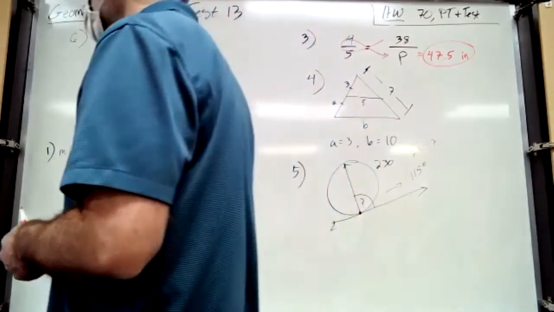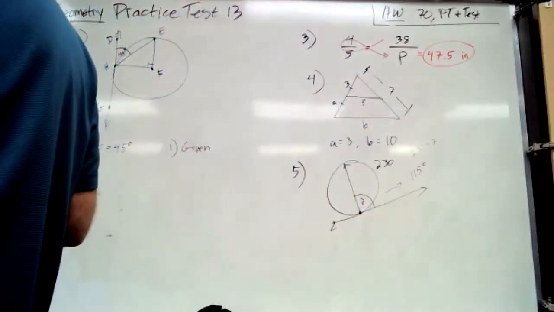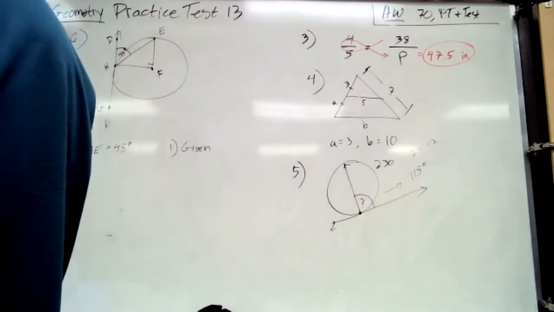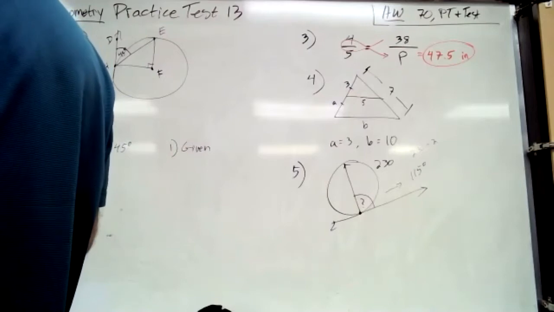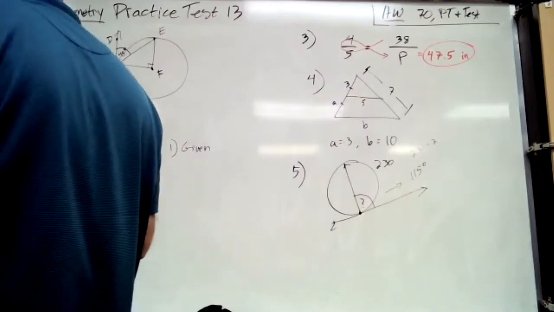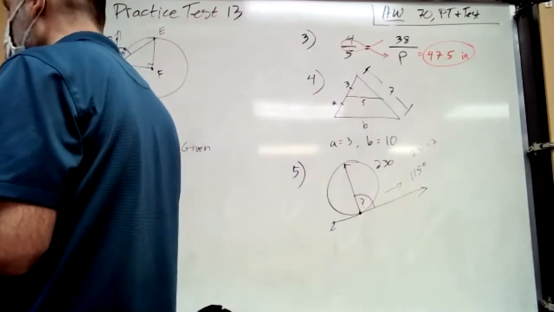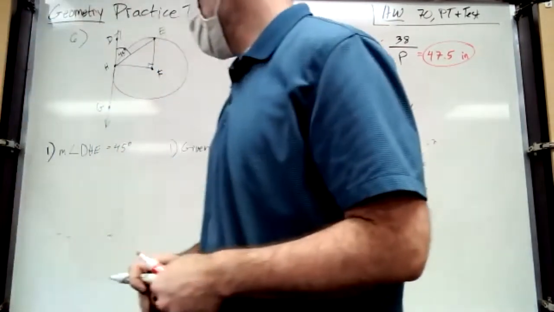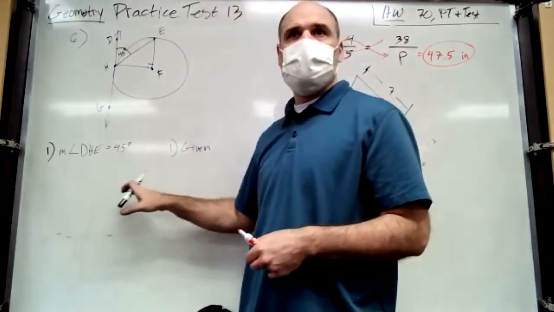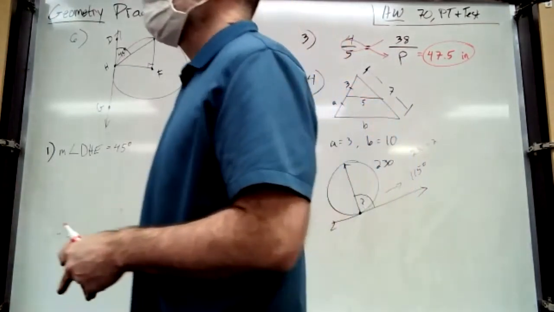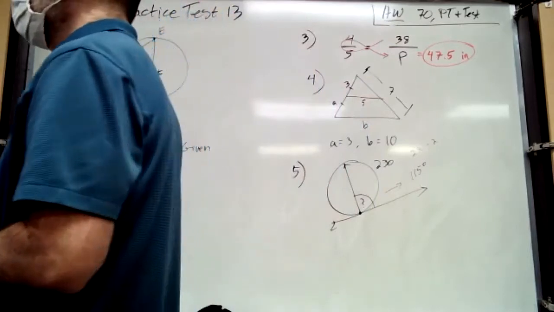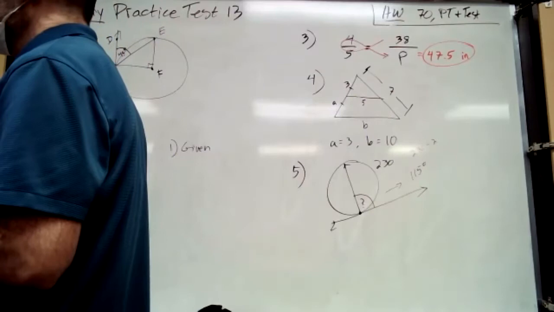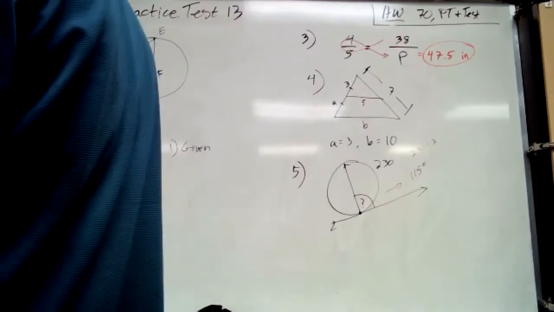Okay, and then what else is given? It gives us some stuff here. We have a 90-degree angle in there: HFE is 90. This is the proof. How much information do we have? Can we say that the triangle's 45, 45, 90?